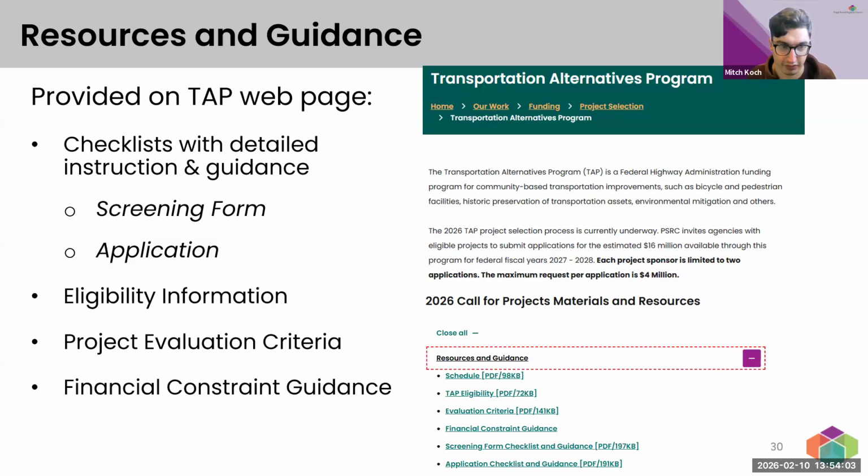This includes access to the screening form and application, but also a lot of the resources and guidance that we expect sponsors to review before completing the screening form and application. This includes the eligibility information, the project evaluation criteria that we're using, and the financial constraint guidance, as well as checklists for both the screening forms and the applications.